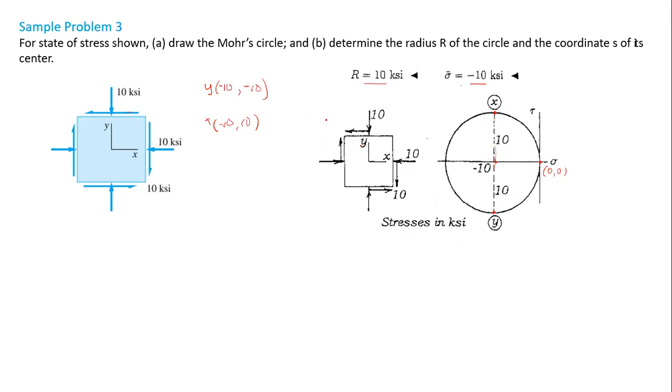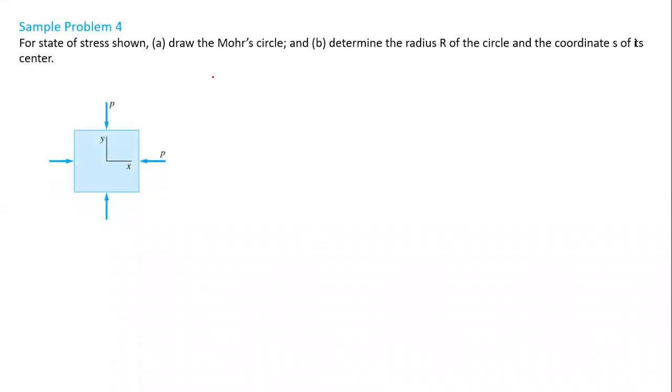So another example. So sample problem number 2, number 4. Okay, para daghan og example. So for the state of stress shown, draw the Mohr circle. Then determine the radius and the coordinates of the center.